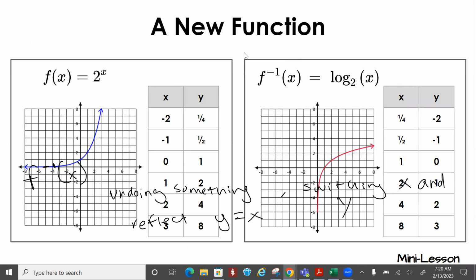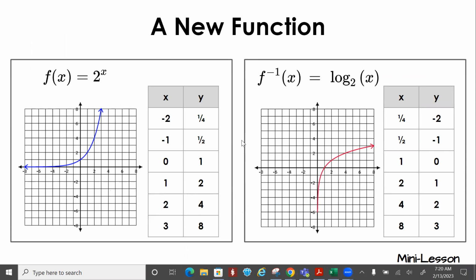Okay, so we got a new function. On the left-hand side, what is that function called? 2 to the x. Not a linear, not a quadratic. Anybody remember what it's called?